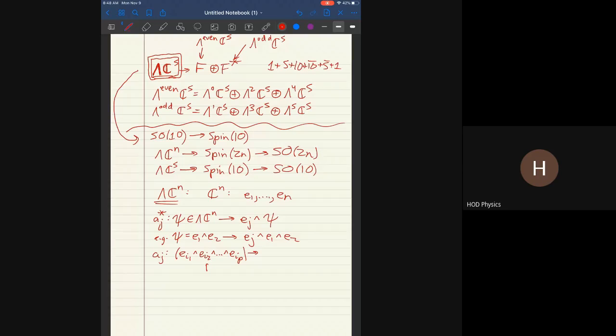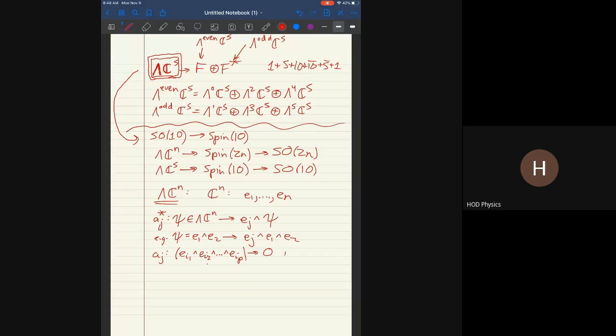And if it had to jump over basis elements to get to Ej, then we put a factor of minus one to the power. Let me try to do a better job of writing this. If Ej doesn't appear in the list, then Aj maps this element to 0.